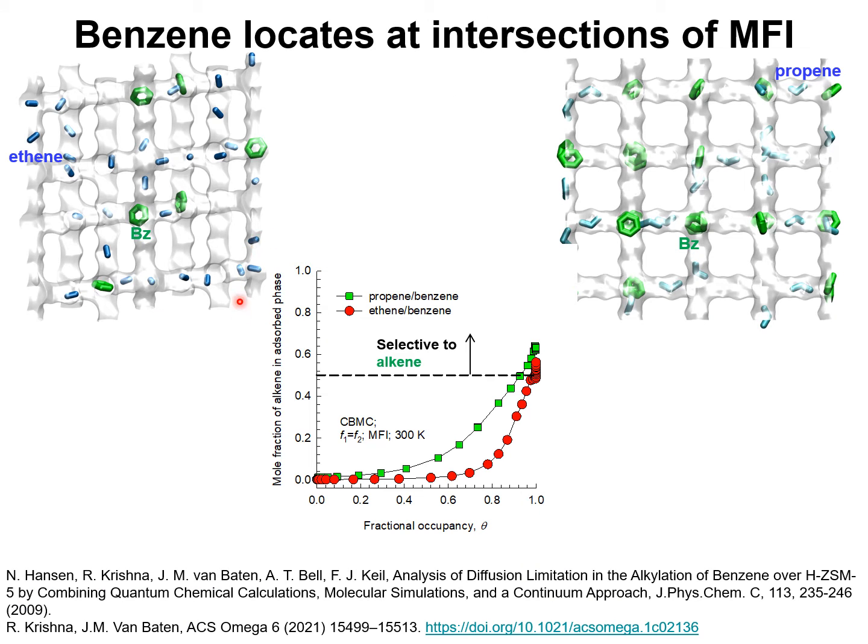Here I show configurational bias Monte Carlo simulations for adsorption of ethene and benzene, red circles, propene and benzene, green squares. Benzene is much more strongly adsorbed than the alkenes, but as pore saturation is approached, the selectivity reverses in favor of the alkenes in both cases.